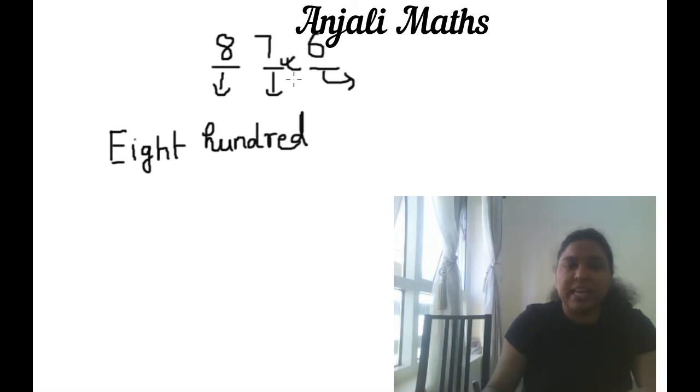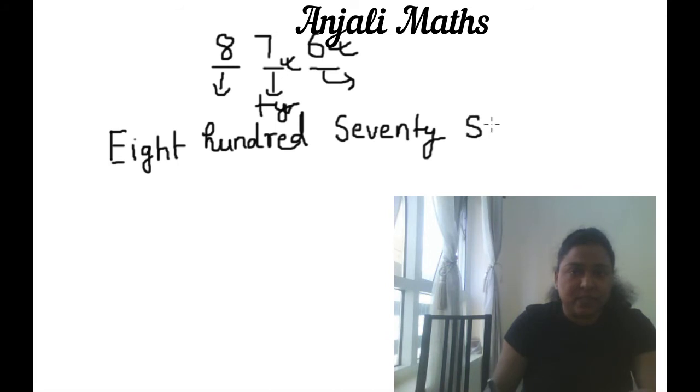This is 7, we will add ty at the end of the number, 70, and we will write 6 as it is, 76. So at the tens position we add ty, and at the 100 position we add 100. Let's go to the next step.